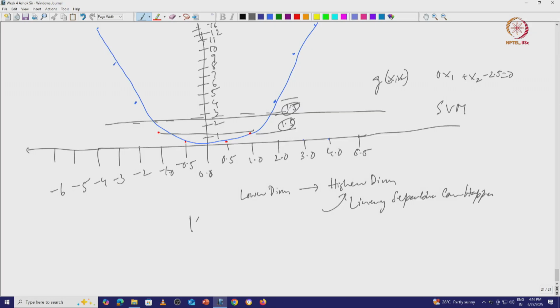is called kernel methods, or sometimes kernel tricks. This is a niche area, meaning it's not very general, but it has solved very interesting problems.